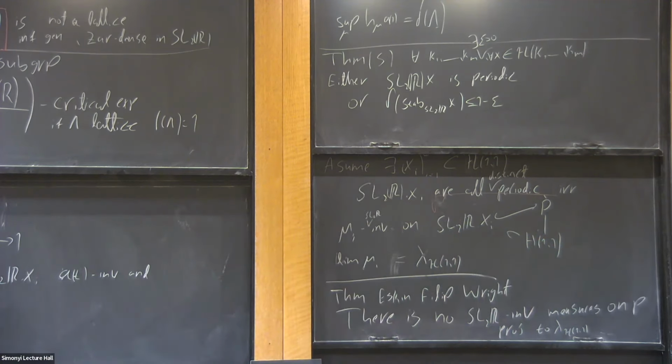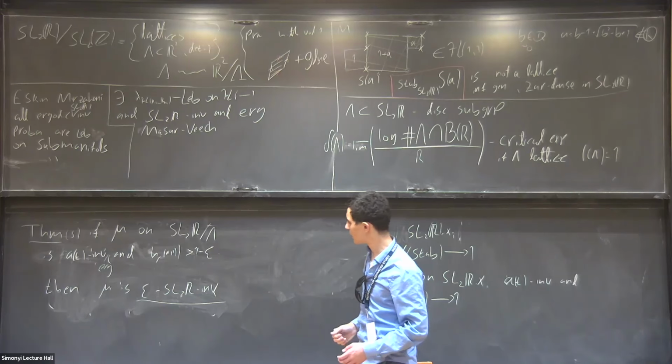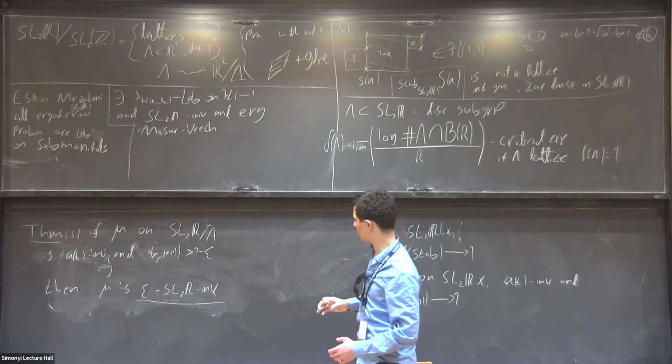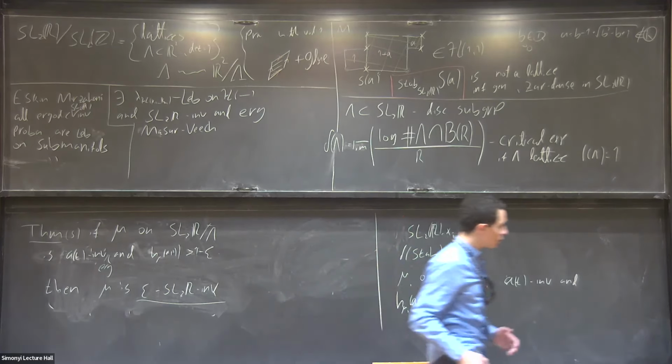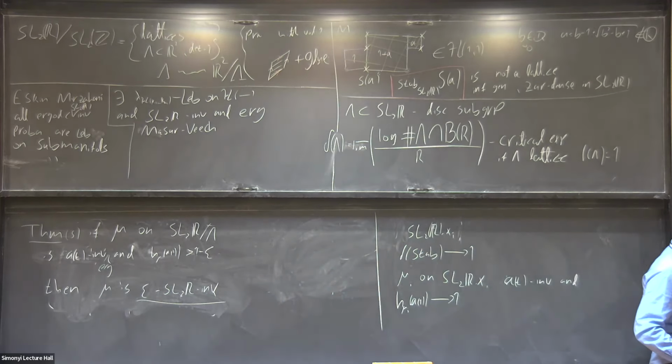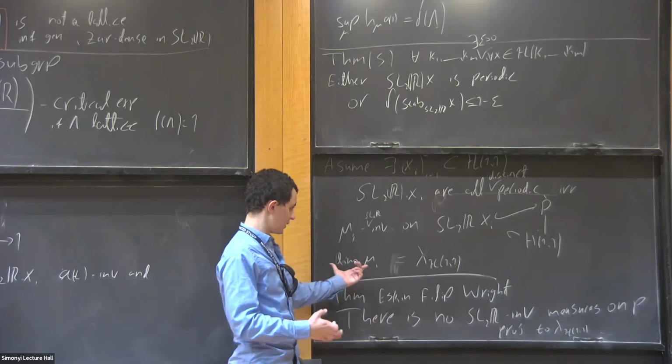You'd have to adapt Eskin, Mirzakhani, Mohammadi, but you would get it. And so you get that this limit is ergodic.